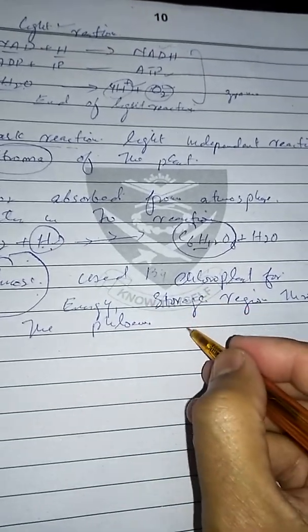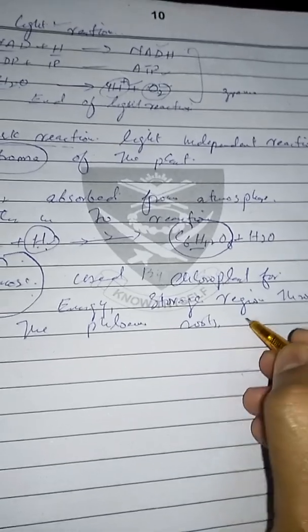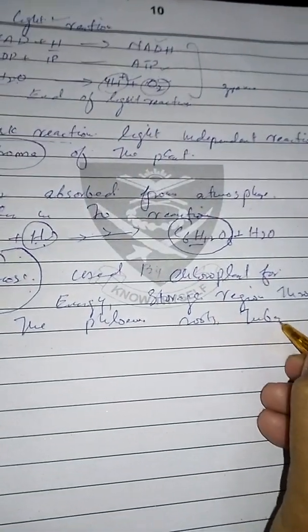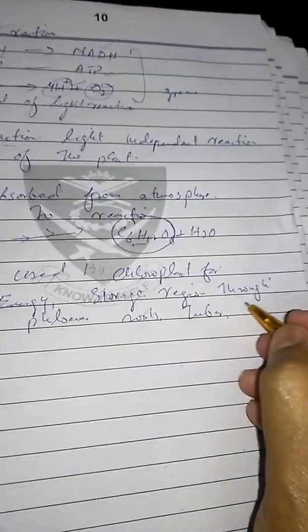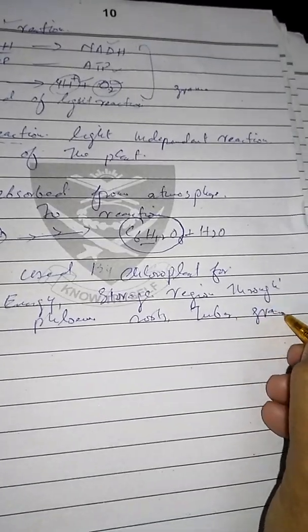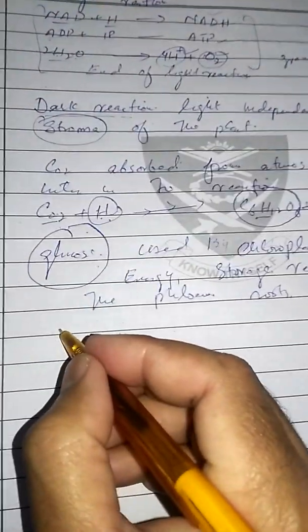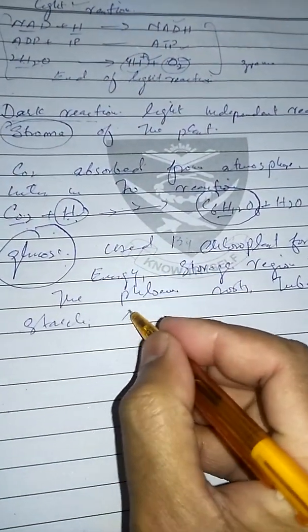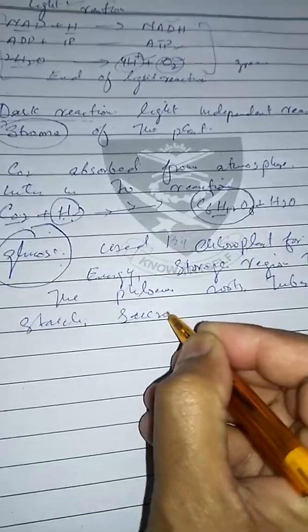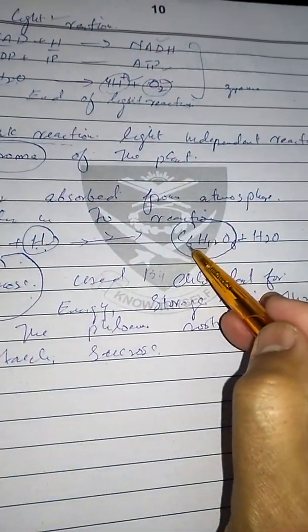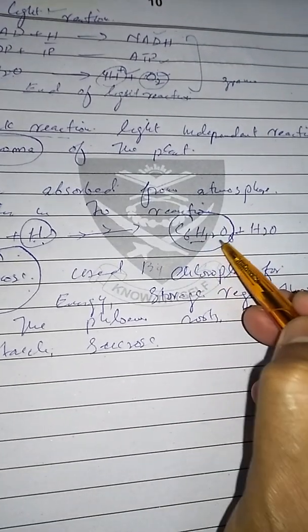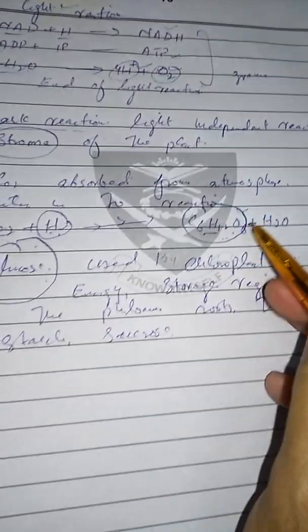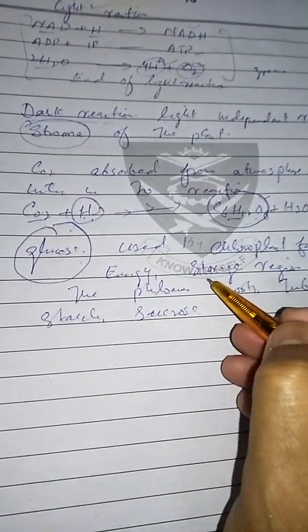Storage regions means the roots, the tubers, including the grain, etc. Here it is stored in the form of starch, or in the form of sucrose. So students, as this C6H12O6, the glucose molecule, is formed, it is the end of the dark reaction.